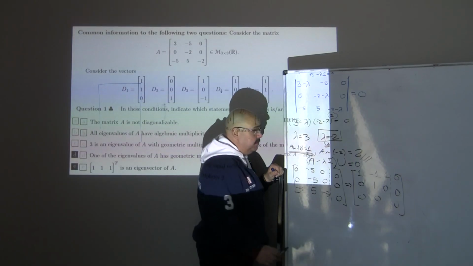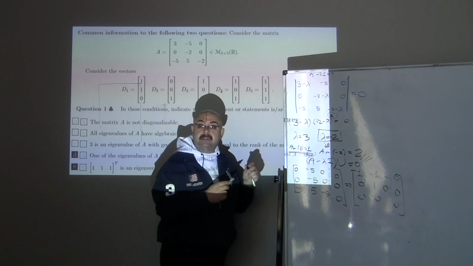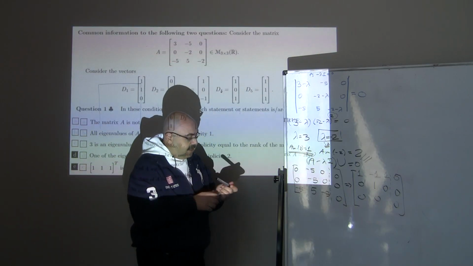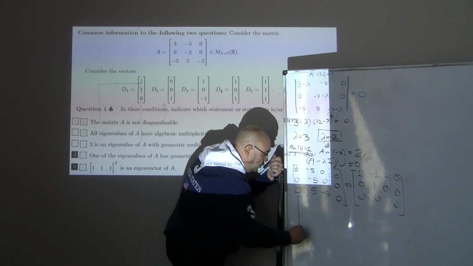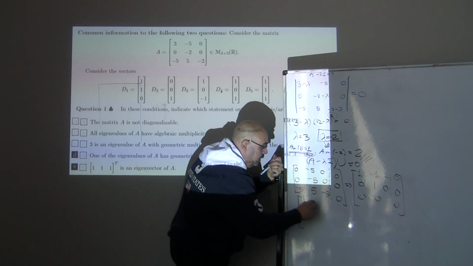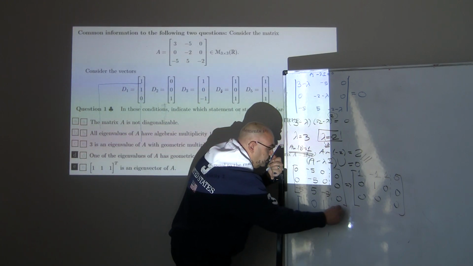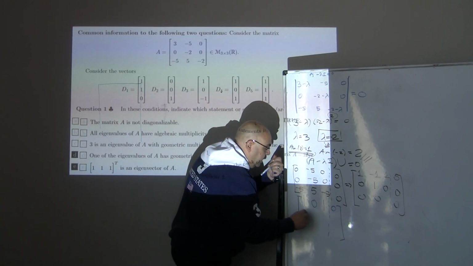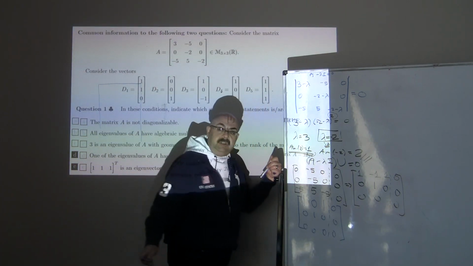The last step, I can add the second row to the first row. Am I right? Yes, add the second row to the first row. So you will end up having what? You will end up having 1, 0, 1, and it's equal to 0. For the second row, 0, 1, 0, 0, and all the elements are zeros.